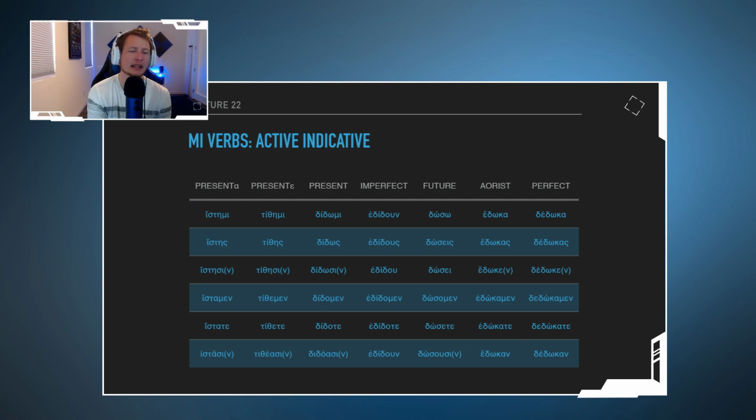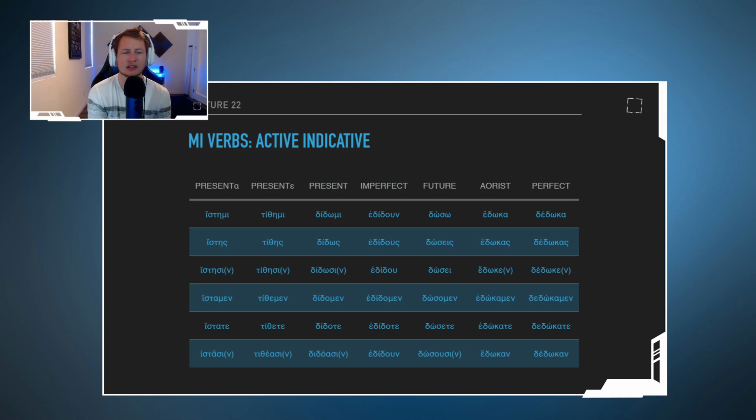And then I believe, I'm trying to recall here, the iota comes on the front because, well, there is duplication, if I remember correctly. The sigma duplicates, the iota adds in, but then the first sigma drops out, and I think that's why there's a rough breathing. I could be wrong on that.